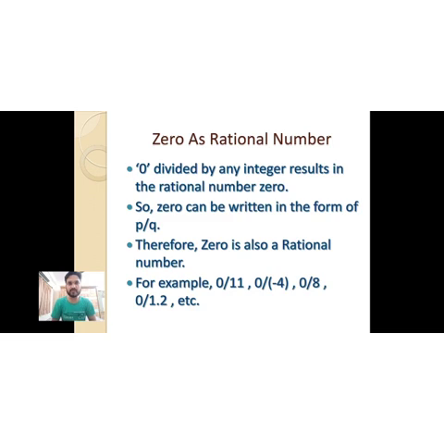So 0 can be written in the form of P by Q. Therefore 0 is also a rational number. For examples, 0 upon 11, 0 upon minus 4, 0 upon 8, 0 upon 1.2. If the value of P equals 0, then it's a rational number. But if the value of Q equals 0, then it's not a rational number, which is not possible.